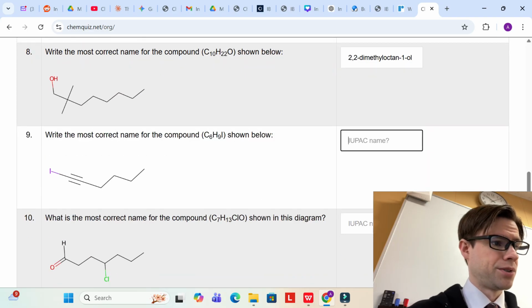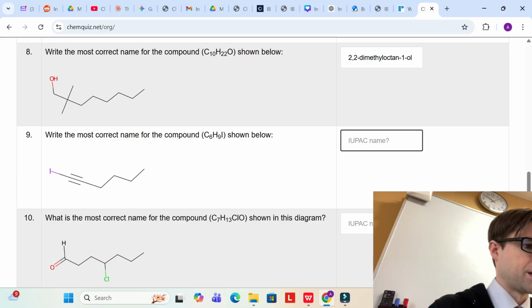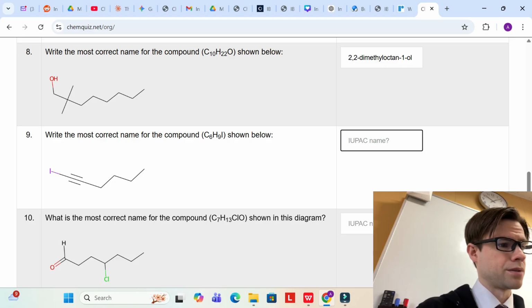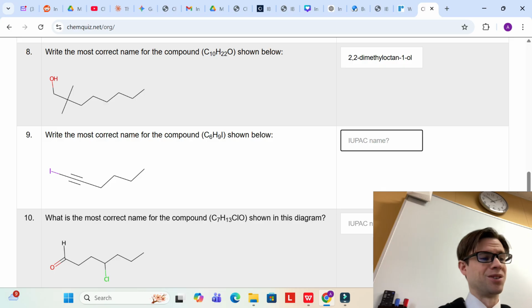Number 9, almost done. Alkyne with iodo group. So we'll definitely be counting from the left here. 1, 2, 3, 4, 5, 6, 7. No, sorry. We don't count the line on the far left.